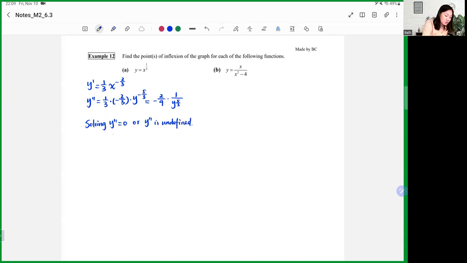Now I don't have this solution. This is no solution. But I have a solution for this one. x equals 0. Why do I write y? Sorry, it's x.